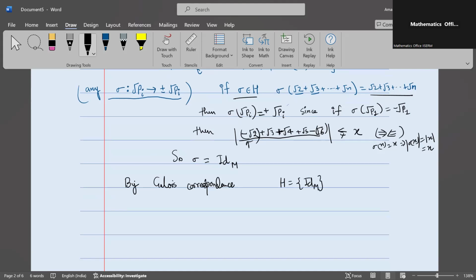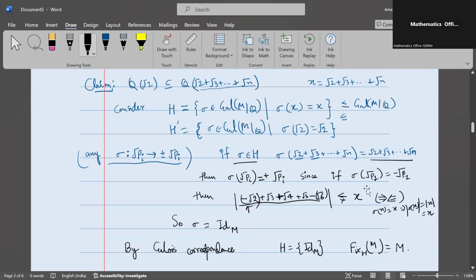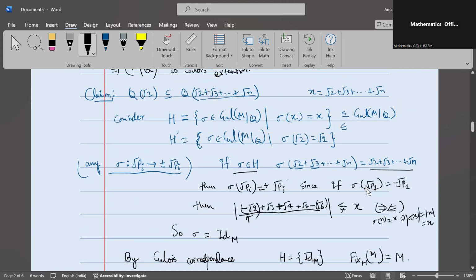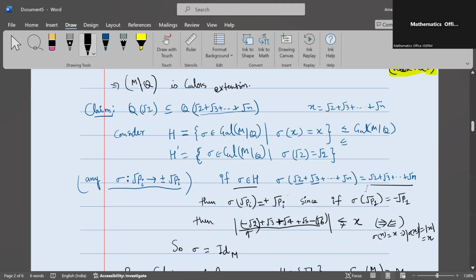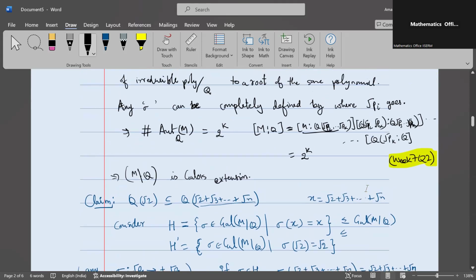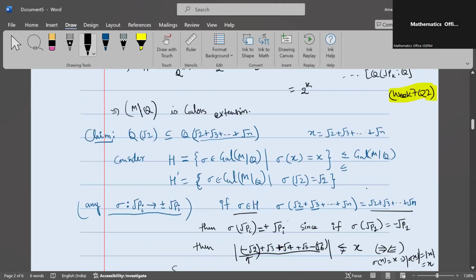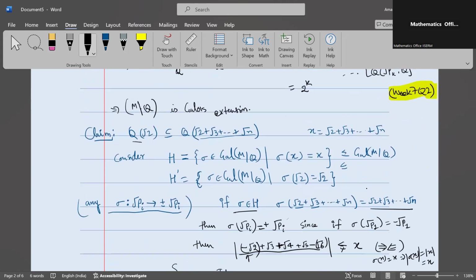This implies what is fixed? M^H, fixed by the trivial element, is the whole of M, right? And what we have seen here, correct, from here we don't require that Q root 2 is contained here. In fact, the whole M is contained here.